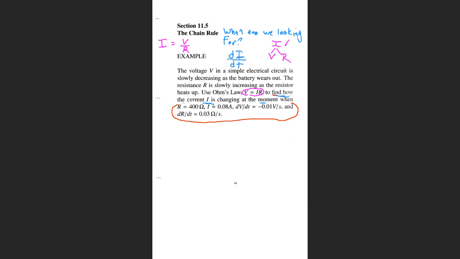Now, in turn, voltage and resistance are functions of what? I mean, it doesn't end there. Voltage and resistance are functions of what variable? Well, look here, you have dV/dt. You have that rate.